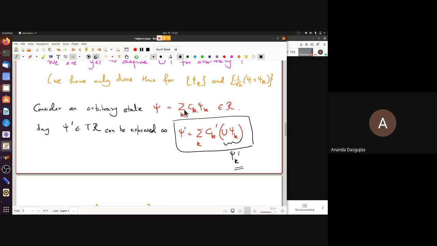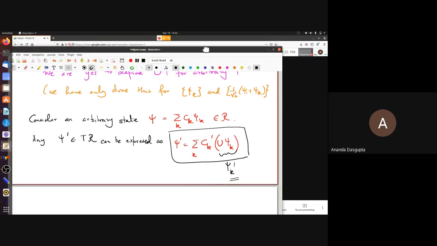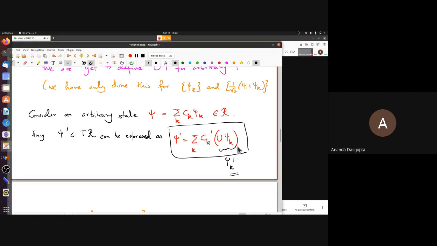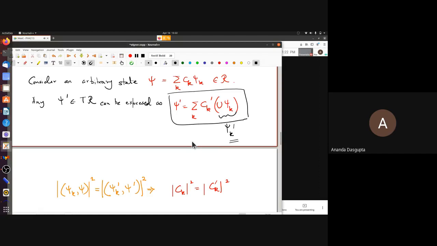And if it were an antilinear operator, the ck primes would have been ck star, ck conjugate. But given the fact that we don't know whether the operator is linear or antilinear, is this a correct statement to make? Can we at all make this statement?